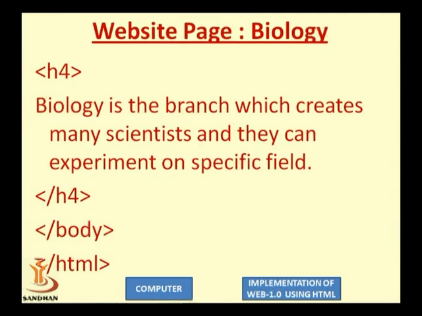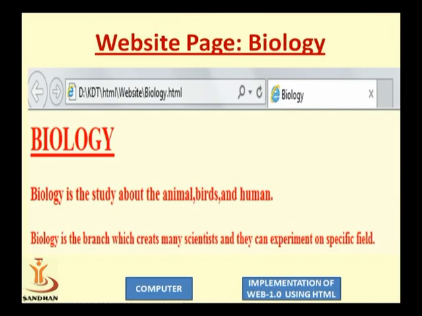Then we are using h4. So here we are extending the different tags like h1 to h2, h3, h4 like this. So gradually the contents of the tags are getting smaller and smaller. And finally we finish the body tag and HTML. So how does the web page look? See, this is the web page. Biology is the heading, h1.